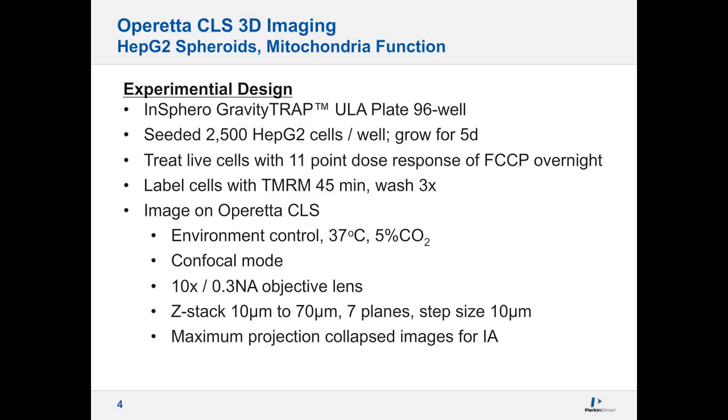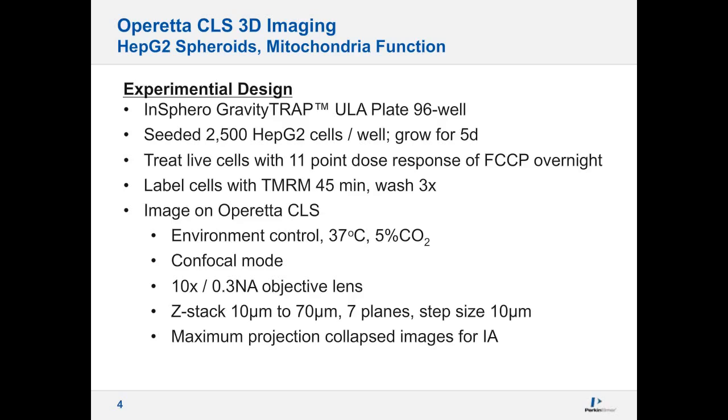Those cells were then labeled with tetramethylrhodamine ester for about 45 minutes, washed, and imaged on the Operetta CLS using a 10x objective. We had to use a 10x 0.3 NA objective because of the thickness of these particular plates.